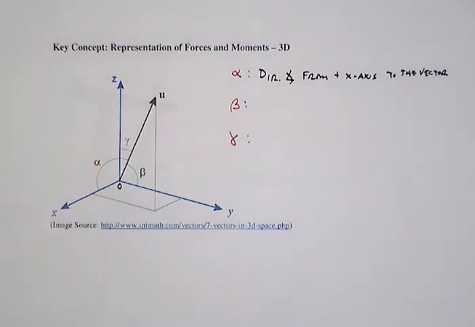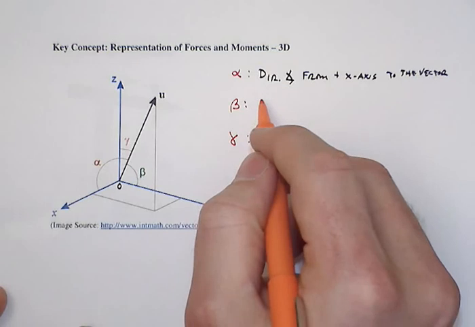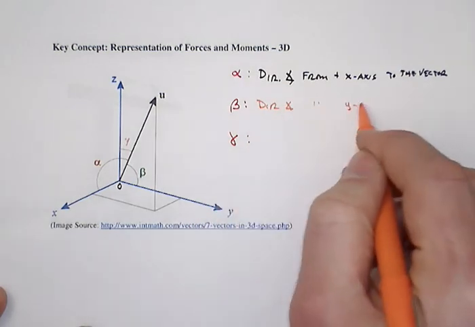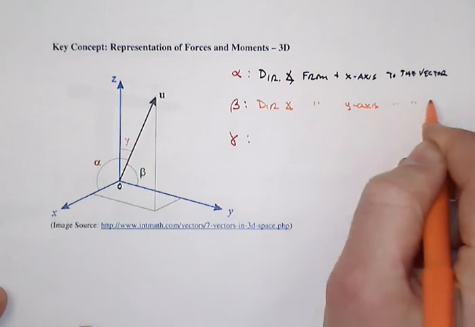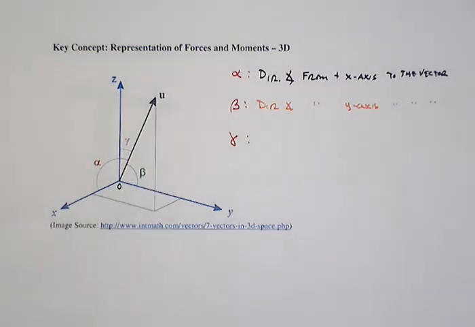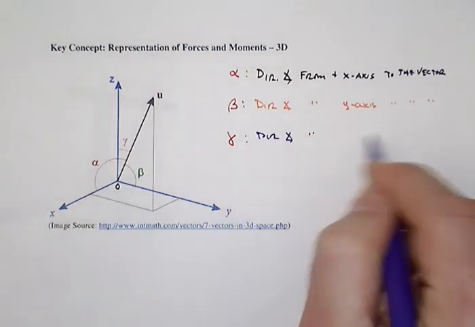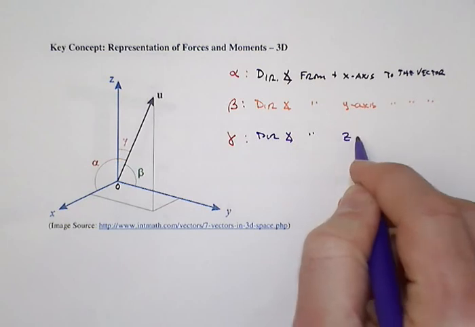Beta, or vita in more correct Greek pronunciation, would be the direction angle from the positive y-axis to the vector. And then finally we'd have gamma, which would be our direction angle from the positive z-axis to the vector of interest.